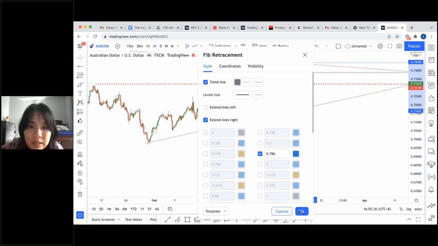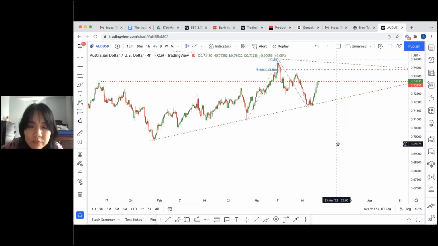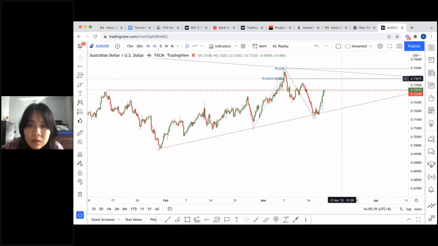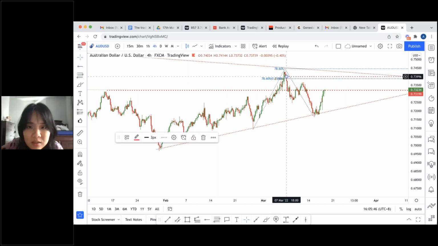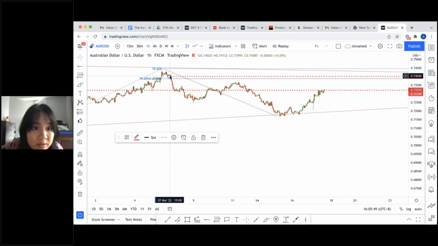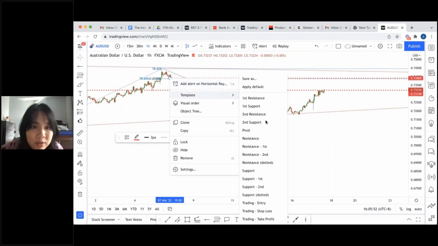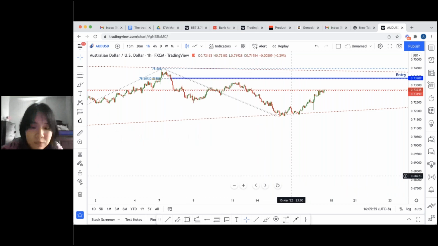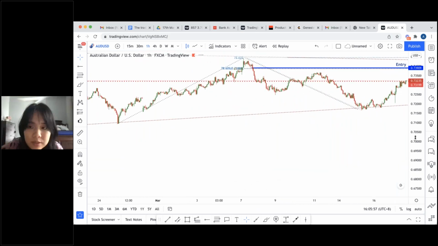For myself, I will wait for the price to test around this level. It might be a bit higher. If I'm moving to a smaller time frame, I'm looking out at this level, 2 Fibonacci confluences. So this would probably be my entry.